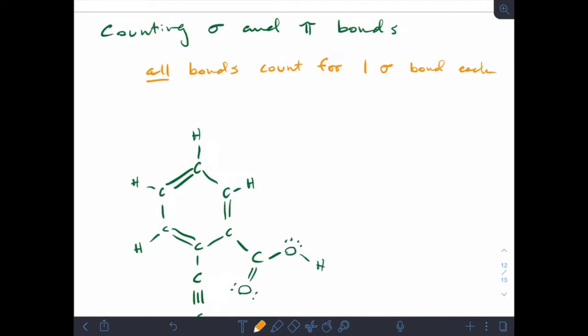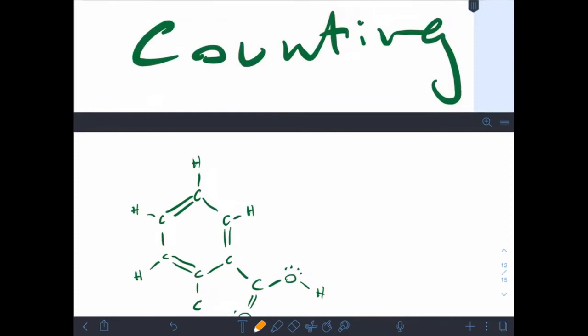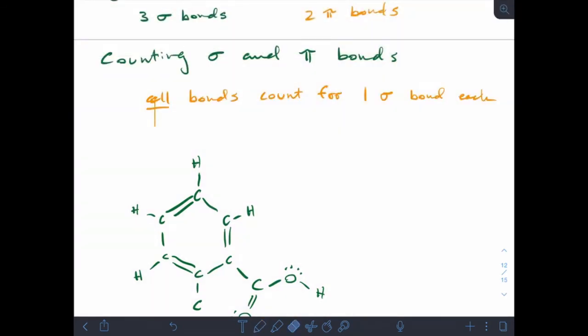Okay, so the first thing you want to do is just count up all of the places where there's a bond happening. And then any extra lines count for 1 pi each.